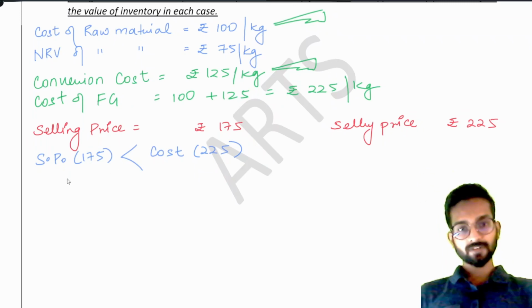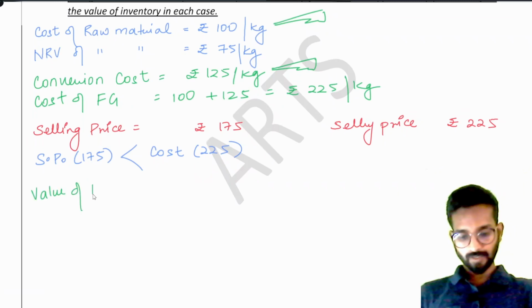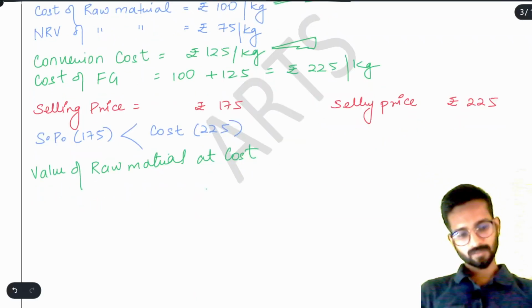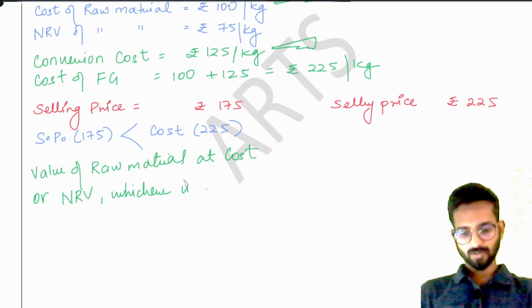If selling price of finished goods is less than cost of finished goods, then we can say value of raw material at cost or net realizable value, whichever is lower.